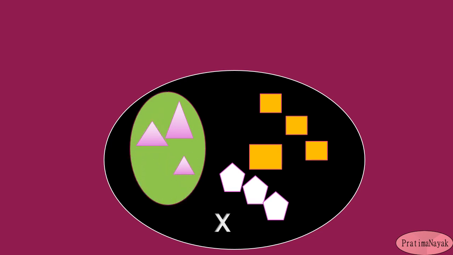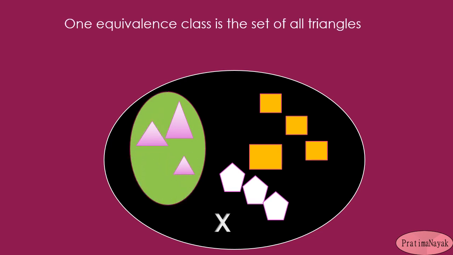So one subset is the set of triangles. So that is one equivalence class because inside this set again we can verify the equivalence relation. Suppose triangle 1, triangle 2, triangle 3 belong to the set of triangles and have the same number of sides, so this is an equivalence relation.